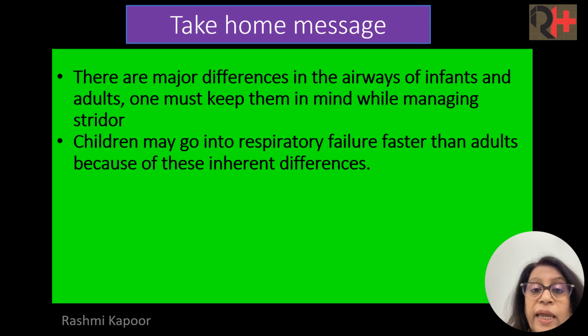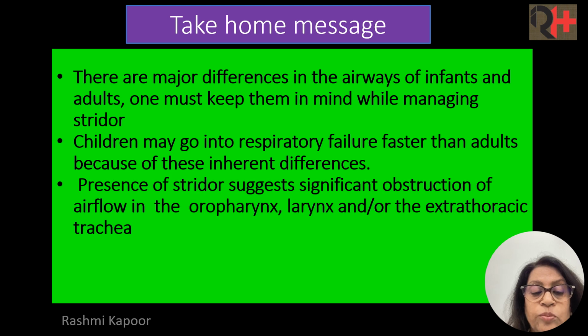Children may go into respiratory failure faster than adults because the airway is very small and the resistance increases to the power of 4 with the slightest decrease in the lumen diameter. And the presence of stridor suggests that there is an obstruction at the level of oropharynx, larynx, or extrathoracic trachea, so it has to be taken care of immediately.